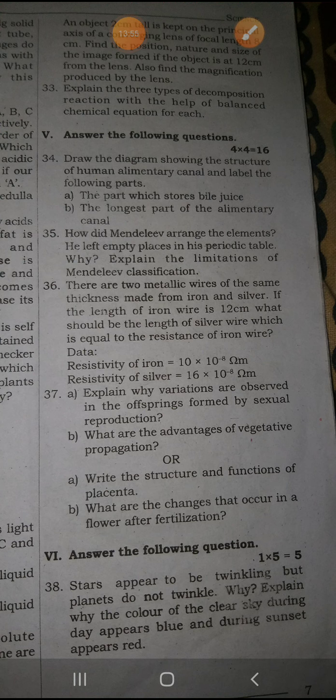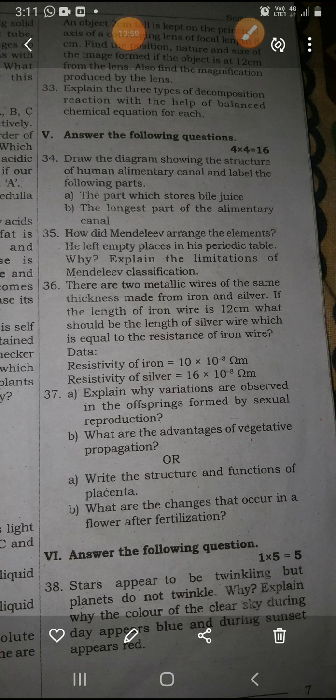Grouped the elements with similar properties in one group. When arranged like this, he obtained the table consisting of rows and columns.